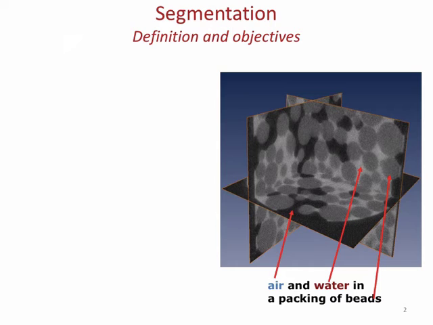Now, basically for each voxel and pixel, we want to figure out which phase it belongs to. And you do have to find a way to evaluate for yourself whether the segmentation you do is of good quality. Now, you possibly want to compare to whatever you get in experimental measurements.